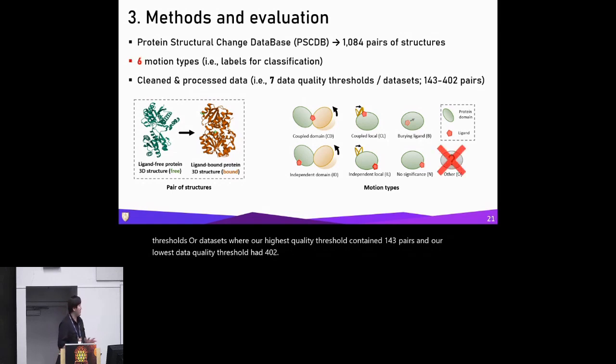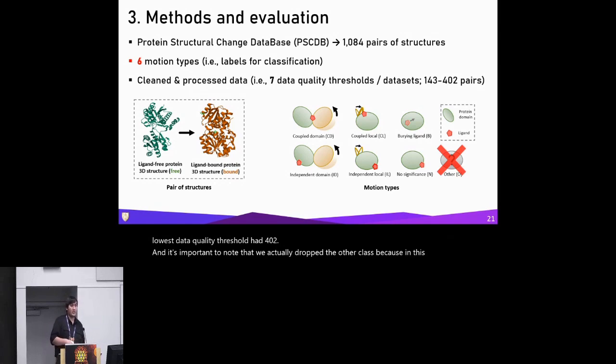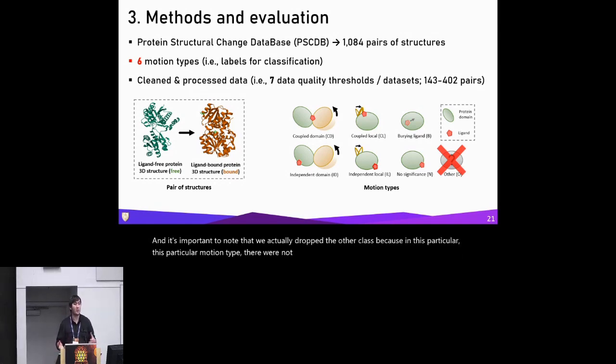It's important to note that we dropped the other class, because in this particular motion type, there were not many proteins, and those proteins that were in it were not defined by a particular motion type, as the term other would suggest. We wanted actual defined motion types for these proteins. So ultimately, we were working with 6 motion type labels.